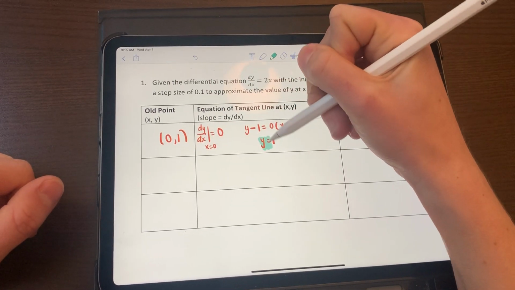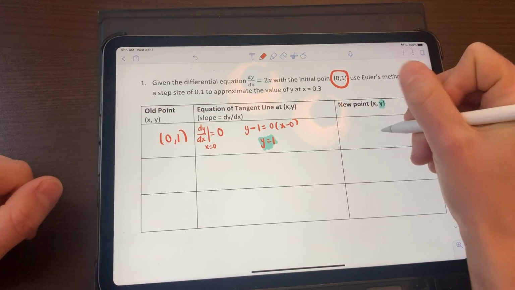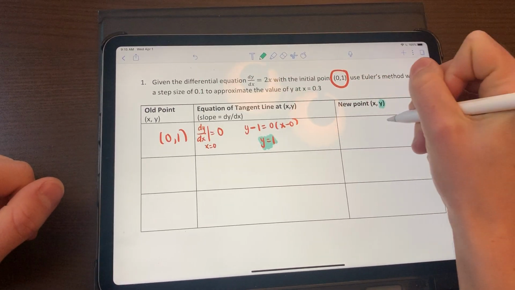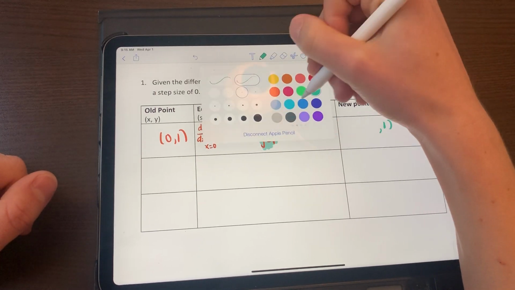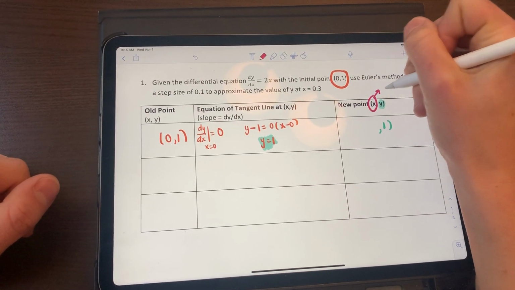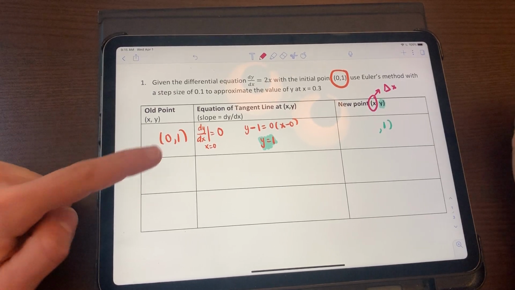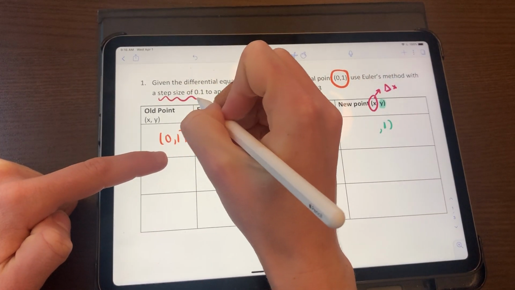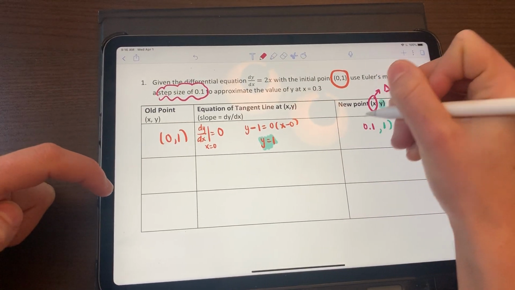This y equals 1 gives us our new point value of y. So we know our new value of y is 1, and our new value for x, we're going to move by the delta x amount. So we're adding from 0 plus the step size of 0.1.